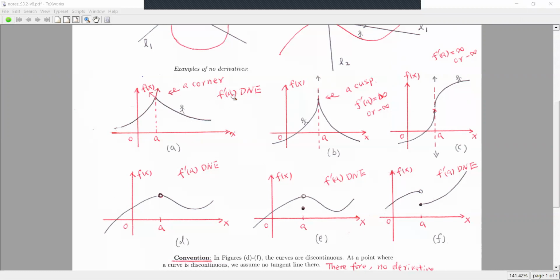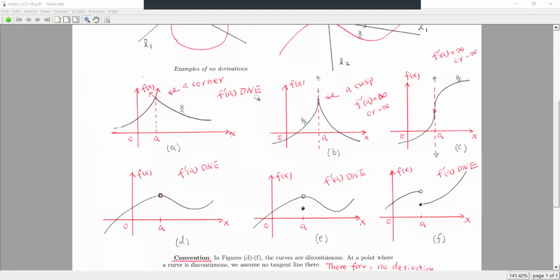Because derivative at the point A is the slope of the tangent line at the point A, at the corner, no tangent line, so no derivative there. In other words, derivative there doesn't exist.